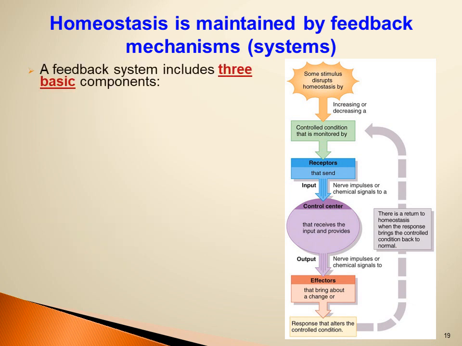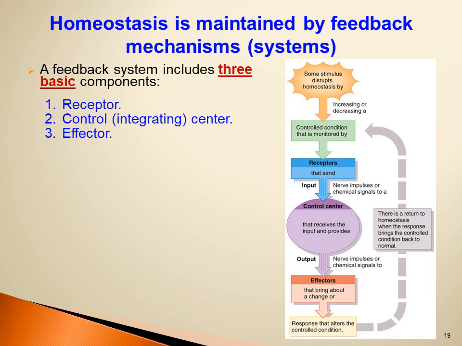The feedback system includes at least three basic components: the receptor that will monitor or sense the changes in the environment, a control or integrating center, and the effector that will produce the response, or will reverse or strengthen the action.